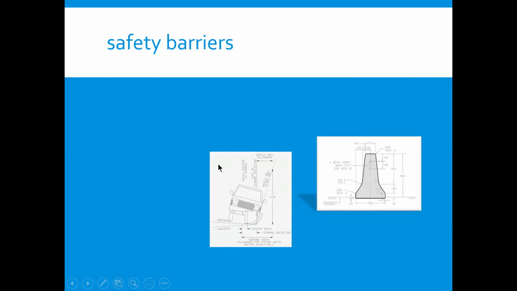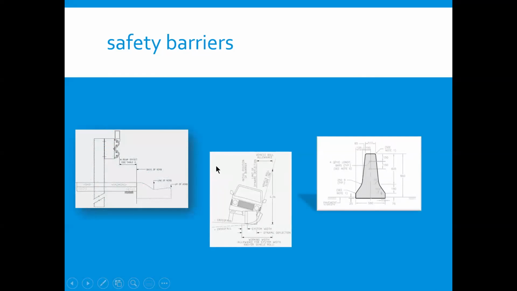Safety barriers are used to protect hazards that cannot be relocated or made more forgiving. The barrier itself is a hazard and accordingly should only be used when it is less of a safety concern than the hazard you as a designer are trying to protect.